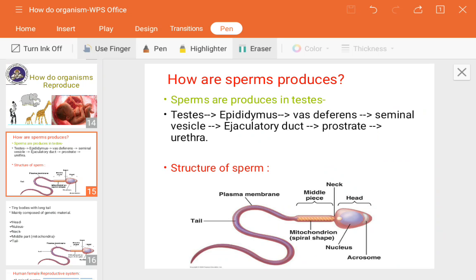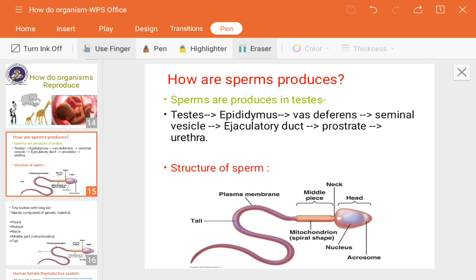Now you have understood the different parts from where the sperms are produced and ejaculated. Now you have to study the structure of the sperm, how a single sperm looks like, and how it consists of different parts. In the image below, you can see it consists of head, neck, middle piece, plasma membrane and the tail.